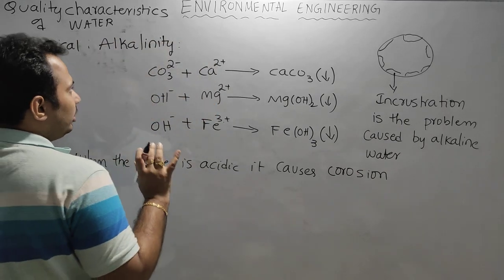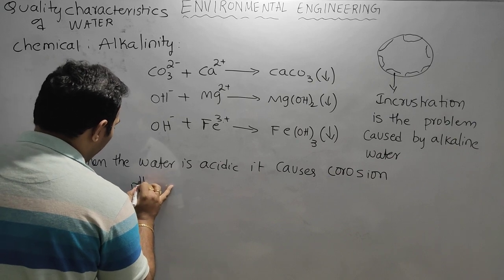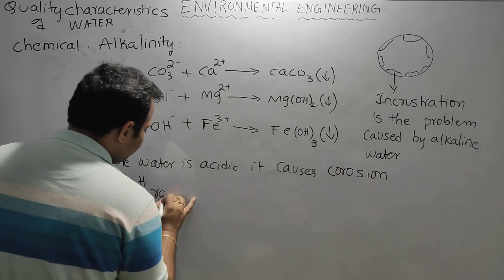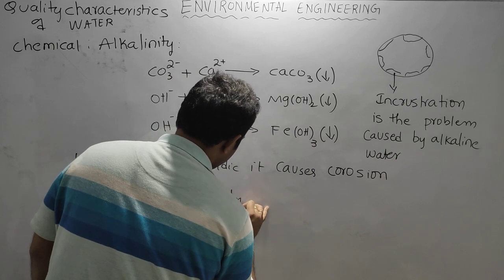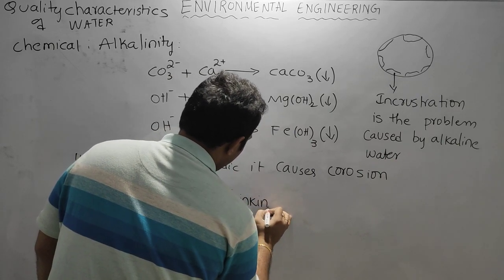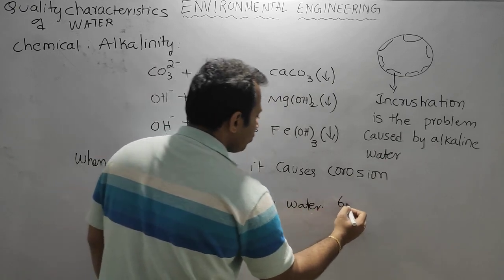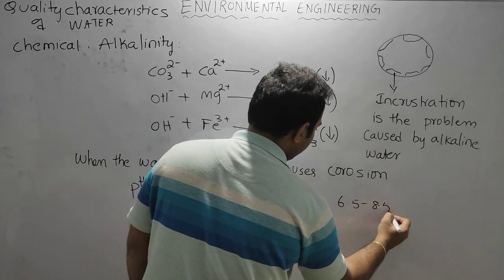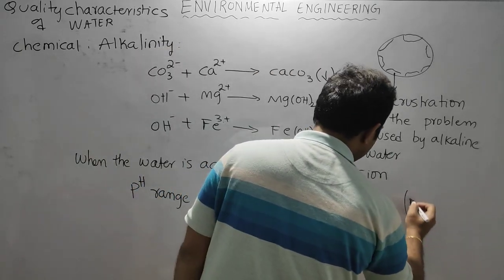Generally, apart from the range of alkalinity I told you, there is also a pH range for drinking water, which should be between 6.5 to 8.5. There is no relaxation in this.